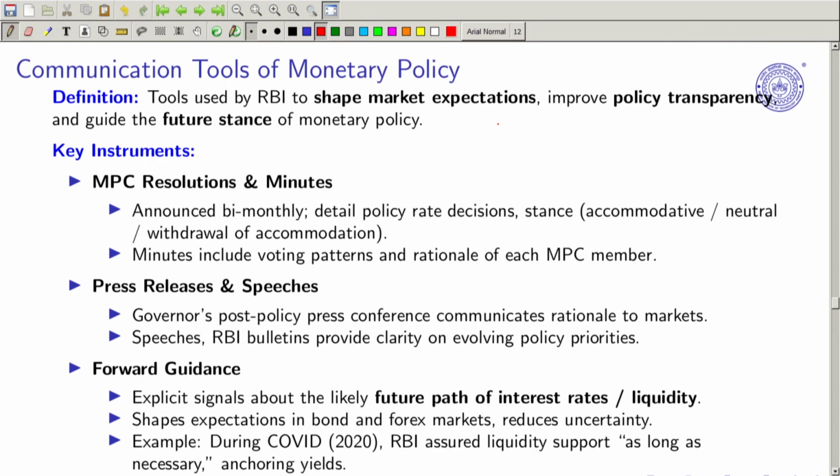The second thing is the communication from the central bank side. Here we are going to focus only on the central bank, and we'll try to see how banks and other entities absorb that kind of news, or whatever shock they receive, and how they deal with it. So here it is about policy transparency.